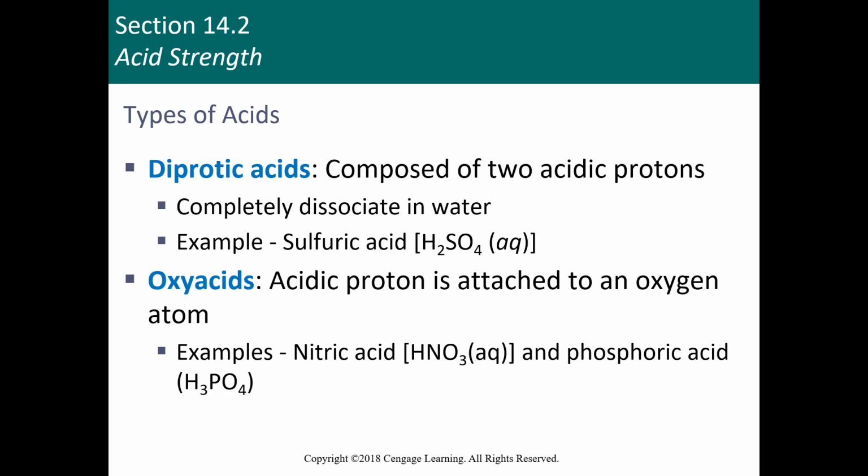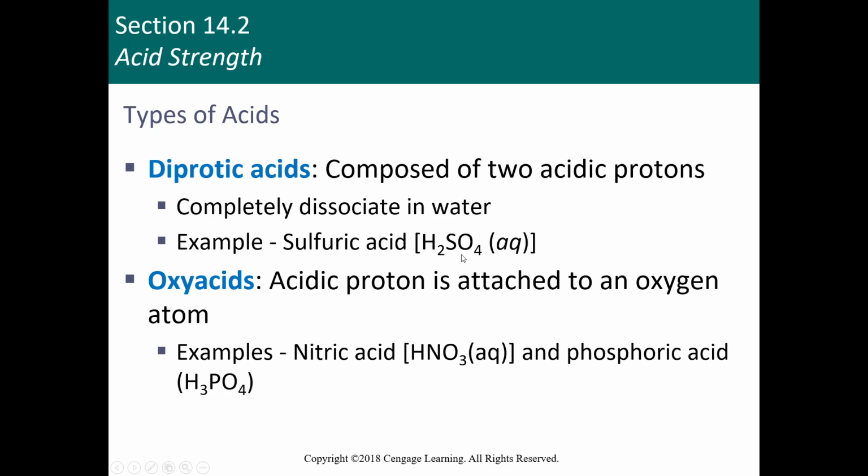So there's also different types of acids that we can talk about. There's the diprotic acids. This is composed of two acidic protons, so every molecule will have two H pluses it can give off. Usually the first one would dissociate completely if it is a strong acid.